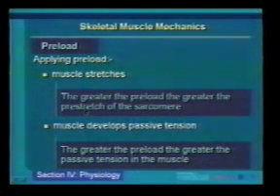So preload will pre-stretch the muscle and also pre-stretch the sarcomere. Now, the other consequence of preload is the muscle will develop passive tension. Now, again, you don't have to have a good concept of tension. I simply think of tension as a force that develops in the muscle. Now, when we apply preload, we are going to quantize this preload by measuring it in grams.